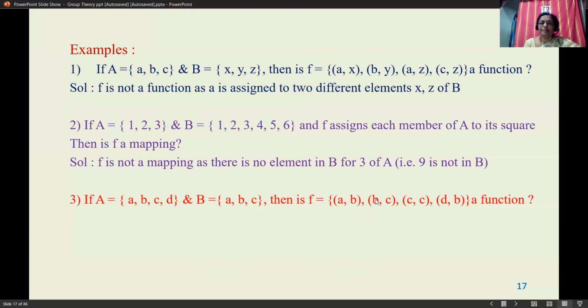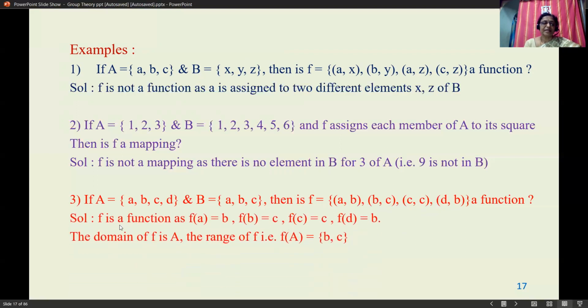Then consider B. B is associated only once, to C. C is associated to C. D is associated to B. So every element of A is considered, and every element has only one image, and therefore it is a function. So F is a function as FA is B, FB is C, FC is C, FD is B.